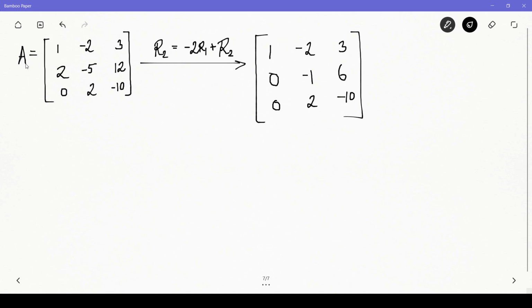Say we have an elimination matrix, let's call it E sub 2 1, because we are getting rid of the entry at the second row and the first column. That's why the notation is 2 1. If we multiply it with our original matrix A, you would get this matrix over here. Now let's see what this E sub 2 1 matrix looks like.